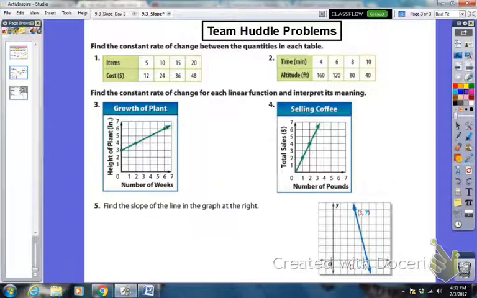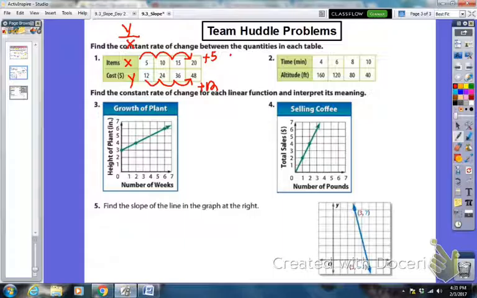Let's do some quick review problems of those concepts. The first one: find the constant rate of change in the table. Remember, take y over x, fly over that taxi. This is the x, this is the y. The items are increasing by adding 5 each time, and the cost is increasing by adding 12 each time.